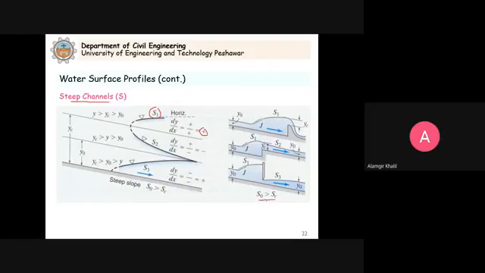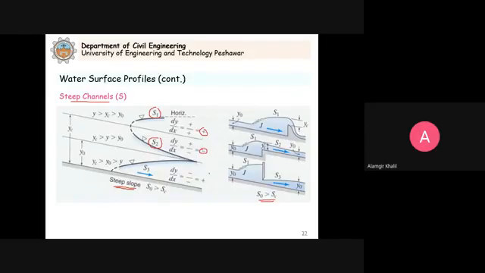Now the channel slope is steep. We have steep slope channel. So S1 will be increasing in the direction of flow. Now when you calculate S2, the type 2 profile, this is negative. It means that S2 is decreasing in the direction of flow.